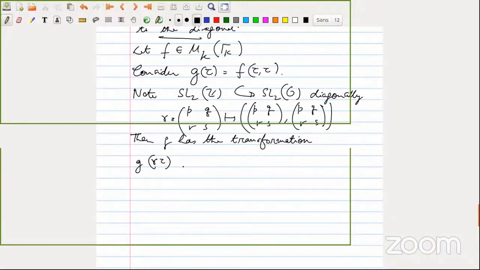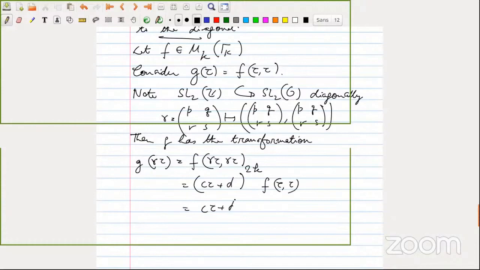Then this is equal to, by my definition, f of γτ here, γτ here, and this is equal to cτ plus d. Now I will have this cτ plus d repeated 2 times. So I will have here 2k, one for each of the factors here, right? And then I will have f of τ like this, and then this is (cτ plus d) to the power of 2k times g of τ.